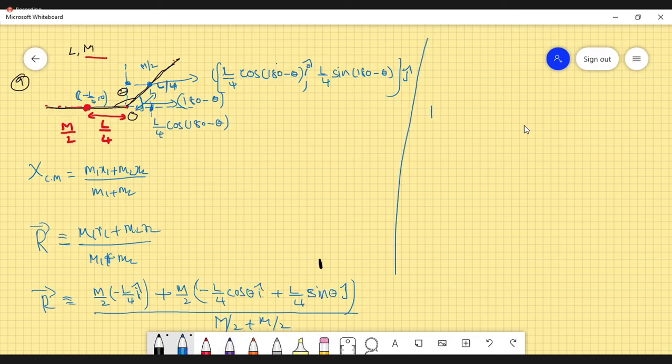Therefore, M into R equals minus M by 2 L by 4 minus M by 2 L by 4 cos theta.